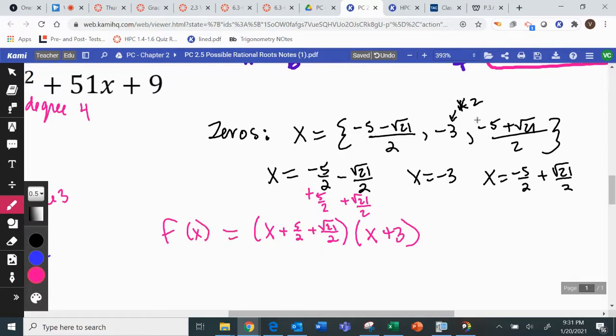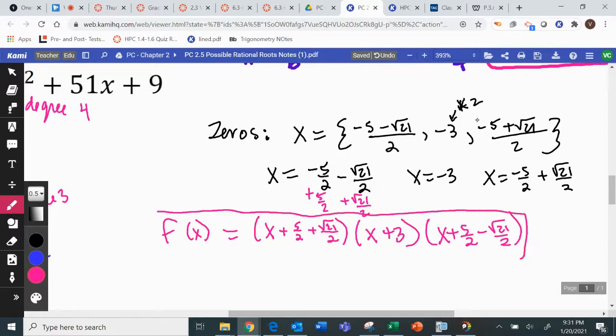And then this factor over here is going to be x, and then we're going to add 5 halves. Then we're going to subtract square root 21 over 2. So hopefully, fingers crossed, this is... Nope, I've made a mistake because I forgot about this here.